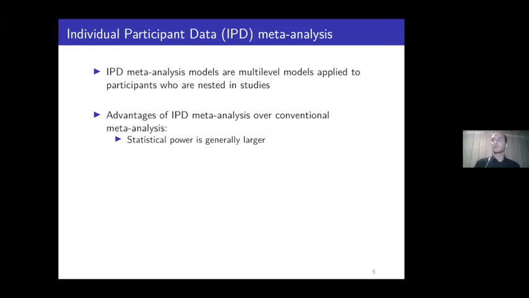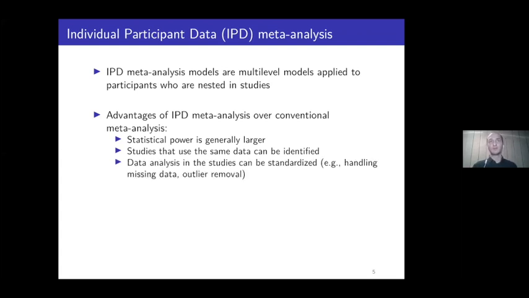That's because if you use the data of the participants, you're basically using more data than if you use the summary data, and therefore you have higher power. Another advantage is that if the same data is used in multiple studies, you can also figure this out if you do an IPD meta-analysis.